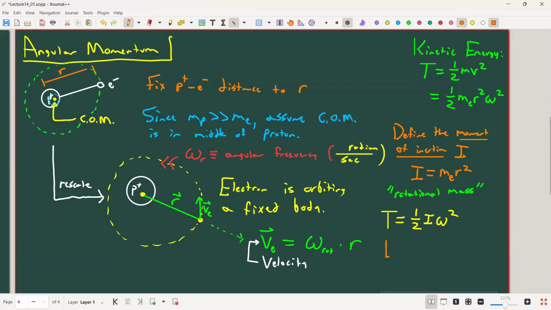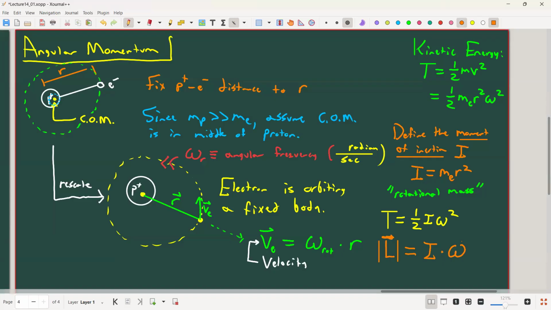And then we can define the angular momentum. The absolute value of the angular momentum is the moment of inertia times the frequency. Remember, momentum is mass times velocity. So angular momentum is rotational mass times rotational velocity. Velocity is just a rate per second, meters per second. That's a linear velocity.